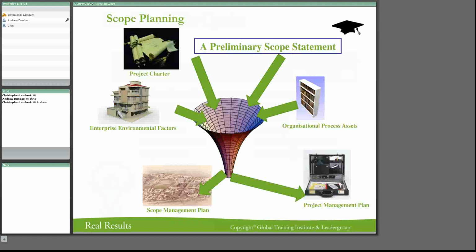Andrew, can you remember what organizational process assets are and enterprise environmental factors? Yeah, I don't know if you can hear me or not. Yes, I can hear you clearly. Yeah, the enterprise environmental factors obviously are the factors of the business operational type.